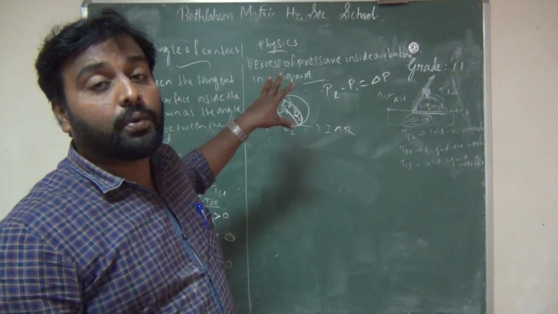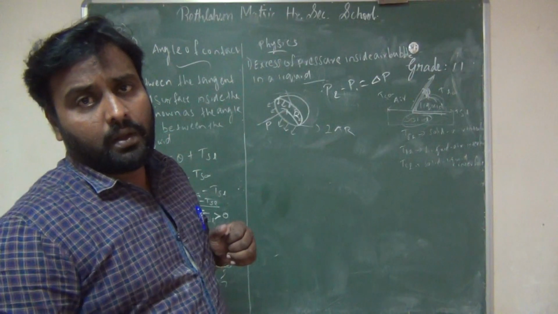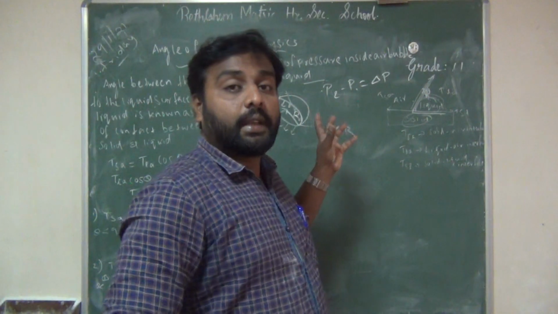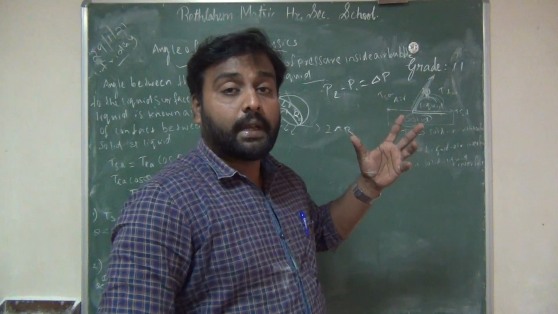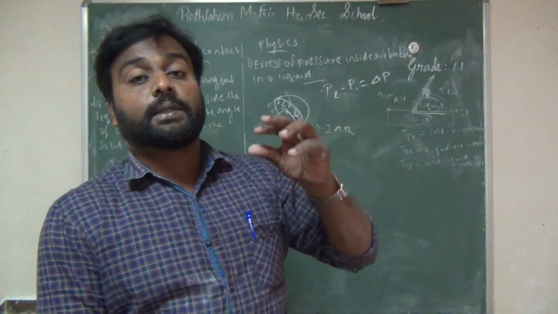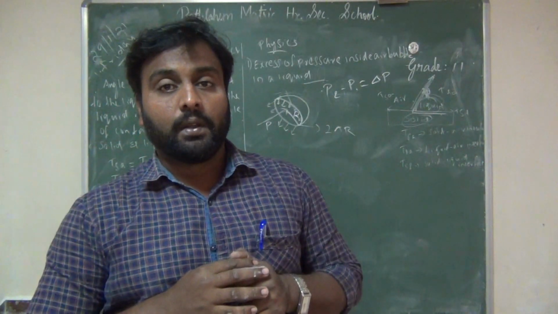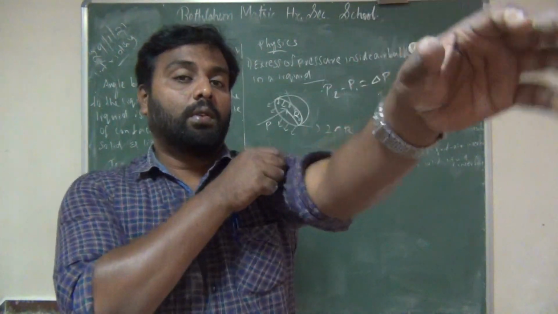It is due to the force acting from the surface tension. Because of the force, there is an inward force and an outward force acting. That is the reason why there is a pressure produced inside as well as outside. So that excess pressure inside we have to find out.